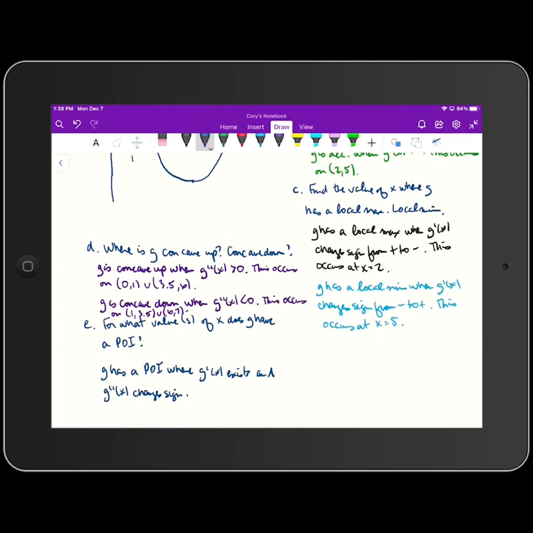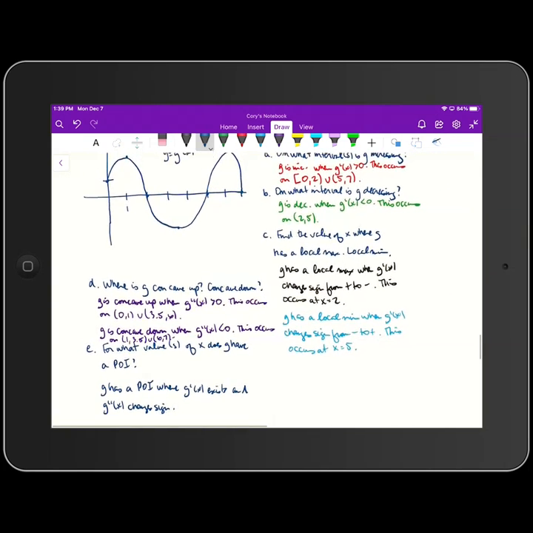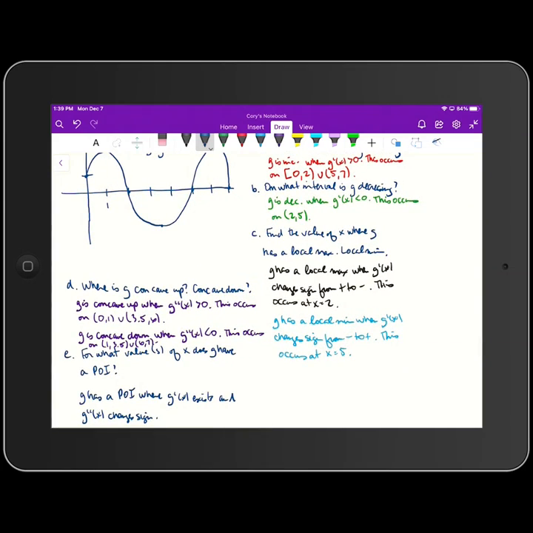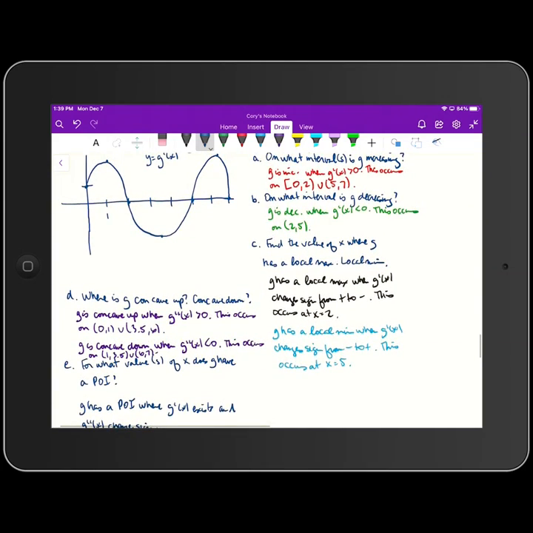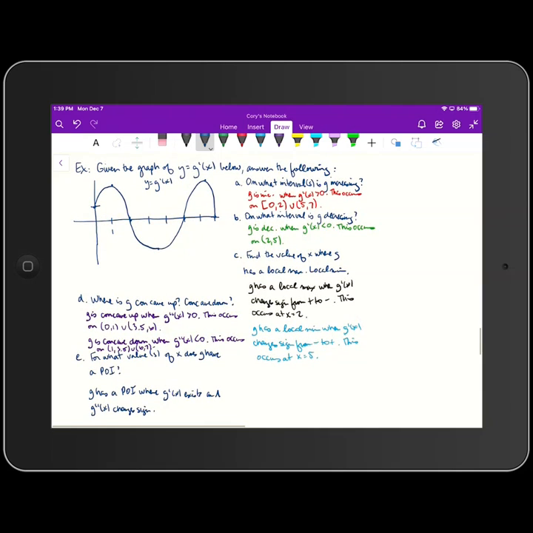The first derivative has to exist at the point, and the second derivative has to change sign. So where does the second derivative change sign?